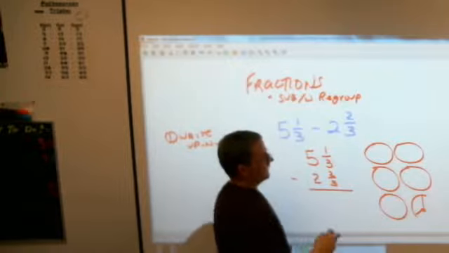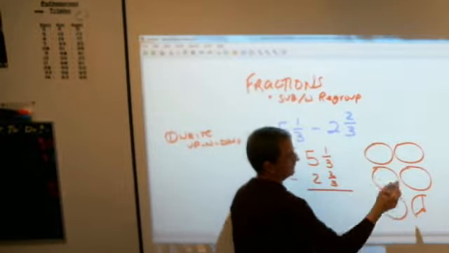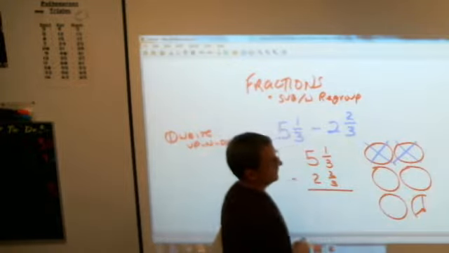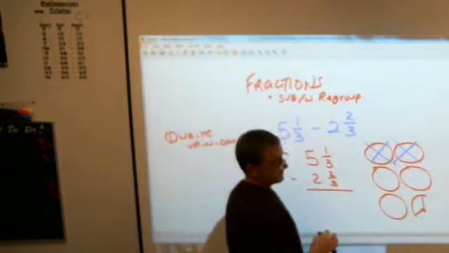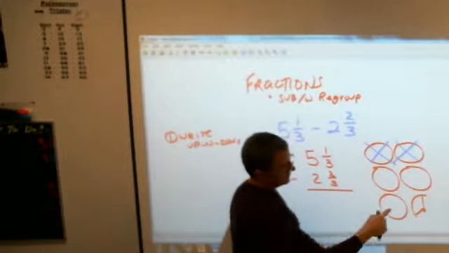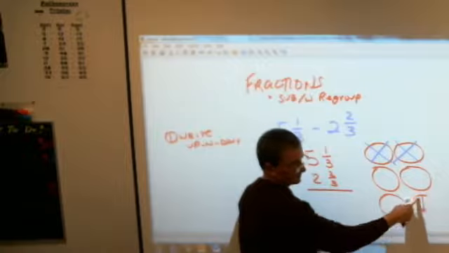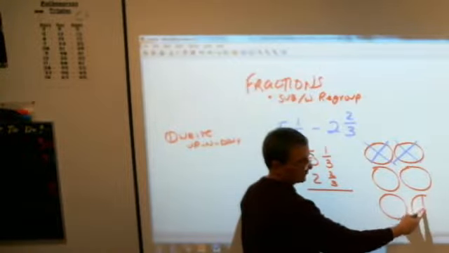So let's take away this circle. Here's 1 and here's 2, right? We're taking away 2. Now here's the deal, and this is why I have to borrow. I'm taking away 2/3, but this thing's only cut into 1/3. So what's the fix for it?